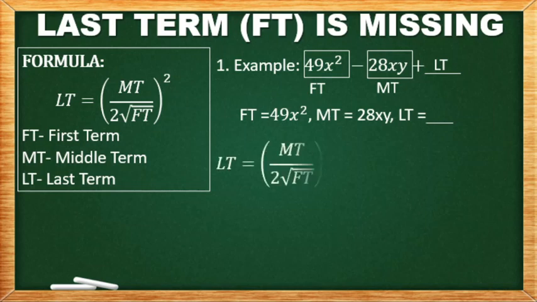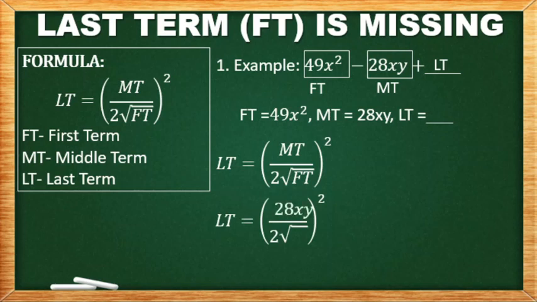Given the formula, Lt is equal to the square root of Mt over 2 times the square root of Ft. Make it blank. What is our Mt? 28xy. What is our Ft or first term? 49x squared. 28 divided by 2, is it possible? Yes, it's 14.